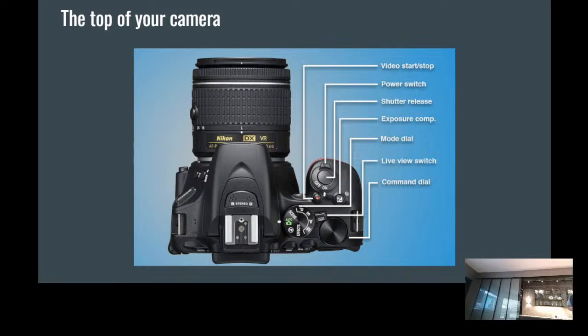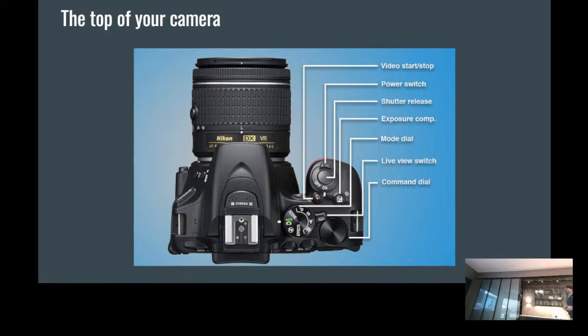When doing so, you will have access to things like exposure compensation. But exposure compensation will take the overall image color, or overall darkness or lightness of an image, and brighten it or darken it depending on your preference.